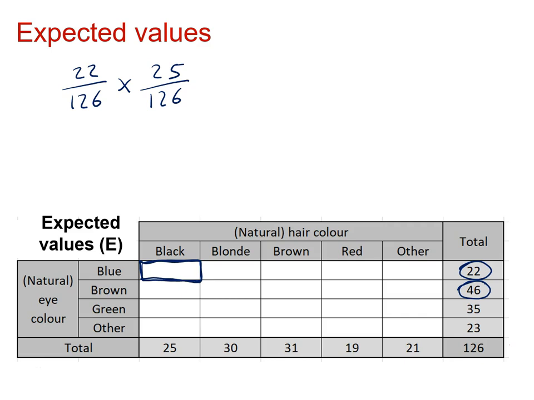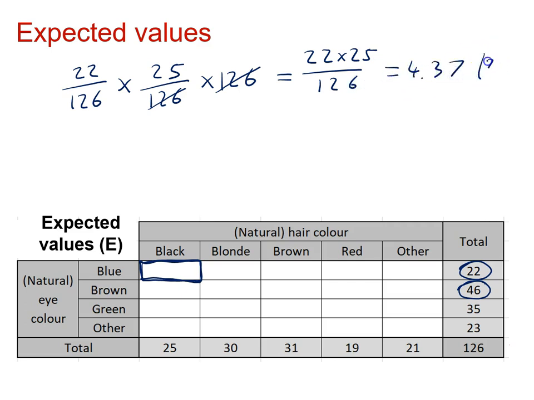Therefore, in our sample, we would expect that proportion times 126 people with blue eyes and black hair. Now you'll notice that that 126 and that 126 will nice and neatly cancel. So it's simply going to be 22 times 25 over 126, which is 4.37 to 2 decimal places.